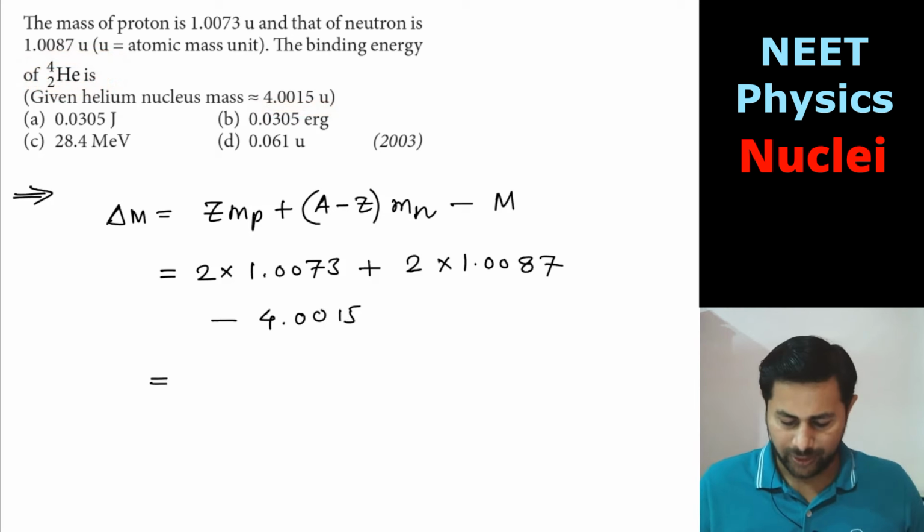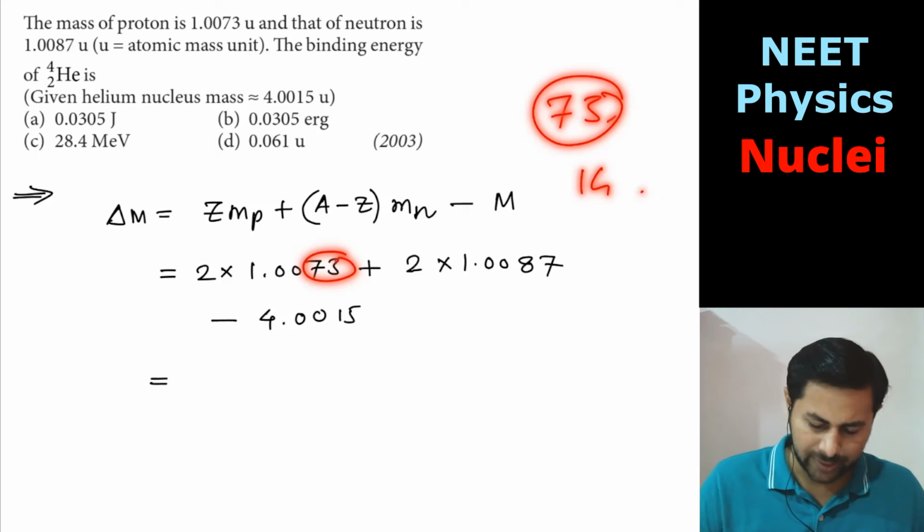Okay, what's the answer of this one? So you have 73 times 2, that would be 146, right?